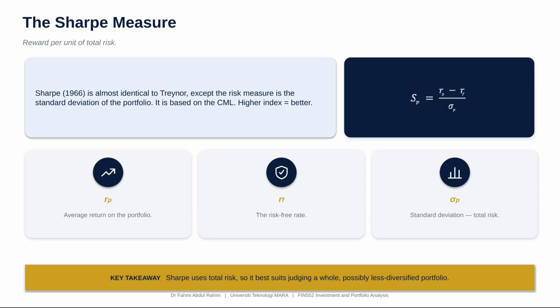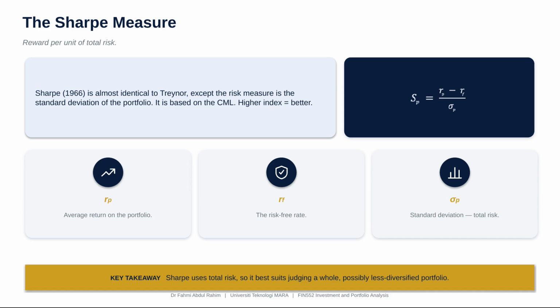Our second measure is the Sharpe measure, introduced by William Sharpe in 1966, the same Sharpe behind the CAPM and the optimization we did last chapter. As the blue box says, it is almost identical to Treynor, with one key difference: the risk measure is the standard deviation of the portfolio rather than its beta.